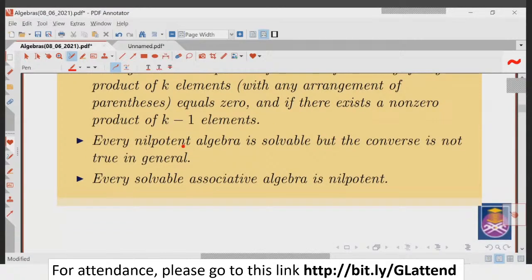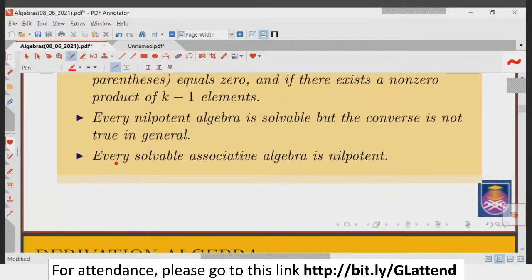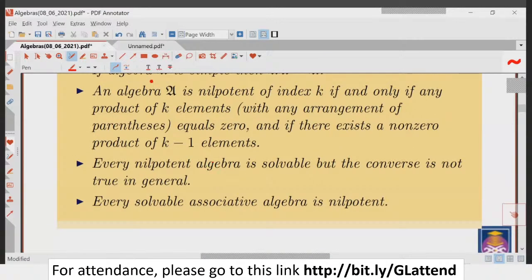Any nilpotent algebra is solvable, but the converse is not true in general. We will see this statement in the example of Lie algebras. Any solvable associative algebra is nilpotent. So that means nilpotency and solvability for associative algebras are the same, because here it is based on the second claim.